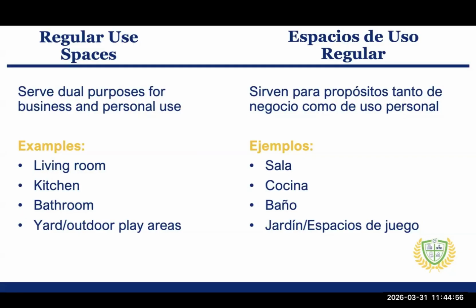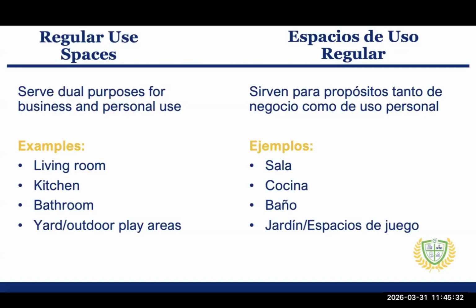Examples: let's say you use your kitchen to cook for yourself and your family, but also cook meals for the children. That's a regular use space. It's shared between business and personal use. Or if you use a living room that is the main living room for your home, for yourself, but also use it for the children, then that's a regular use space.